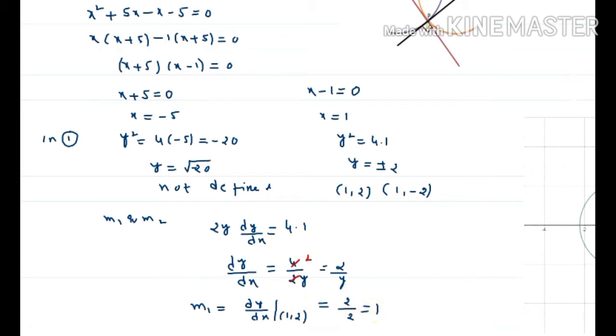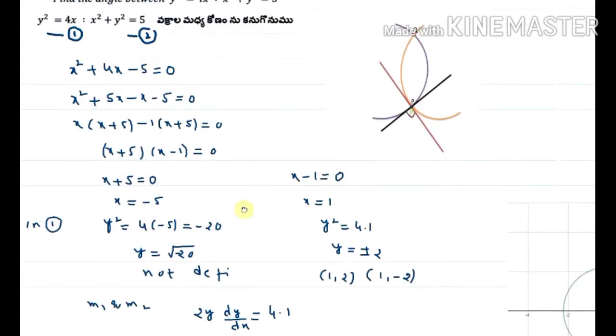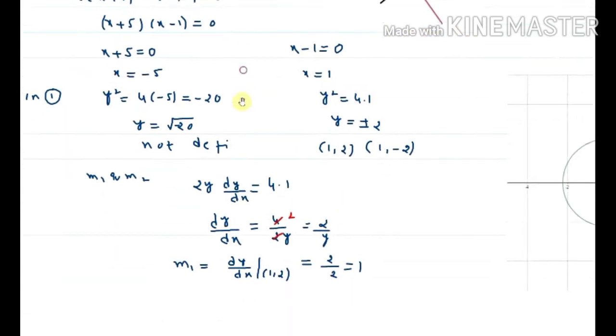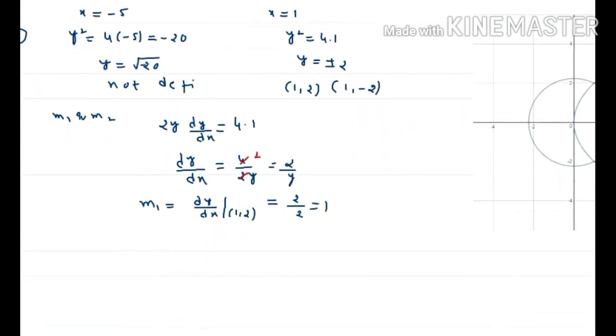Again differentiate both sides with respect to x for the second curve also. The second curve is x square plus y square is equal to 5. On differentiating, the derivative of x square plus y square is equal to the derivative of 5.